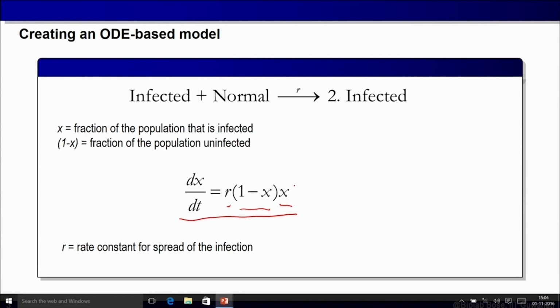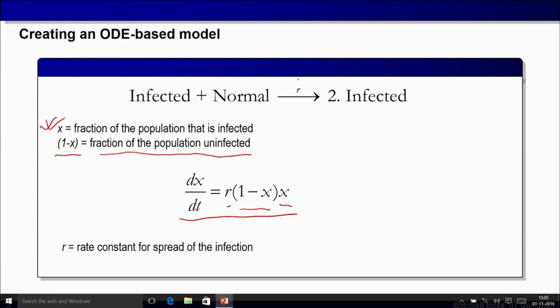Let us look into each of these terms. x represents the fraction of the population that is infected with the disease right now. For example, maybe 2% of the population is infected with common cold right now in my institute. Then 1 minus x is the fraction of people who are uninfected.